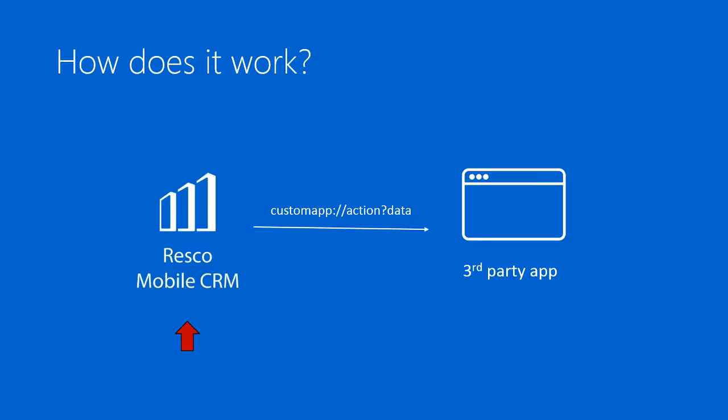This would open a special URL in our application. It looks usually something like this. So the custom application has registered this kind of URL schema. So it is constructed in Resco Mobile CRM, opened, and it opens the third-party app. So the process continues there.